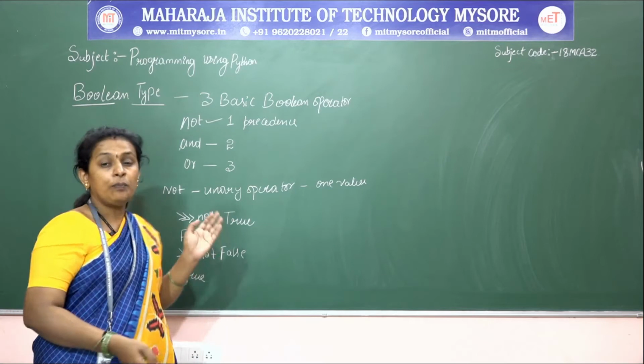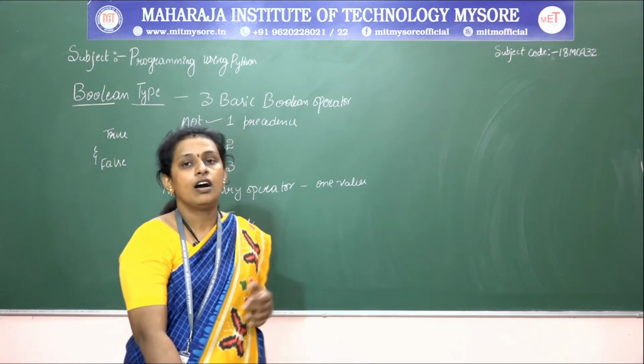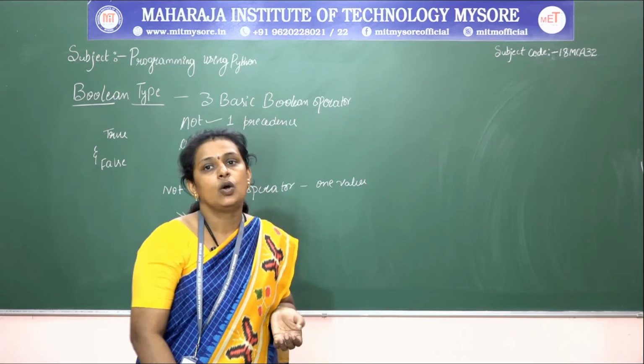So it complements the values: if we pass true, we get false, and if we pass false, we get true.